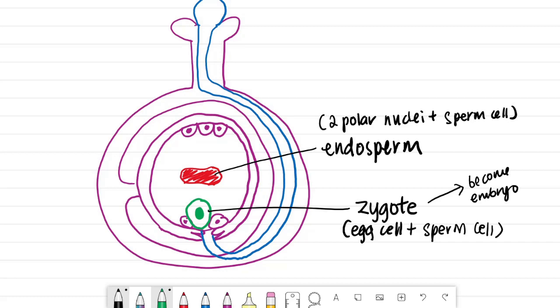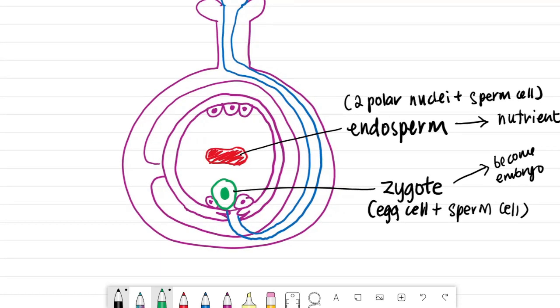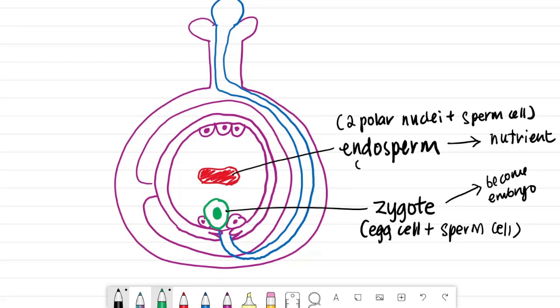This endosperm will later develop and become the nutrient tissue, and it's going to help the new seedling as it grows in a new environment. Okay, so that is the endosperm and the zygote. Endosperm is 3N. The zygote is 2N.